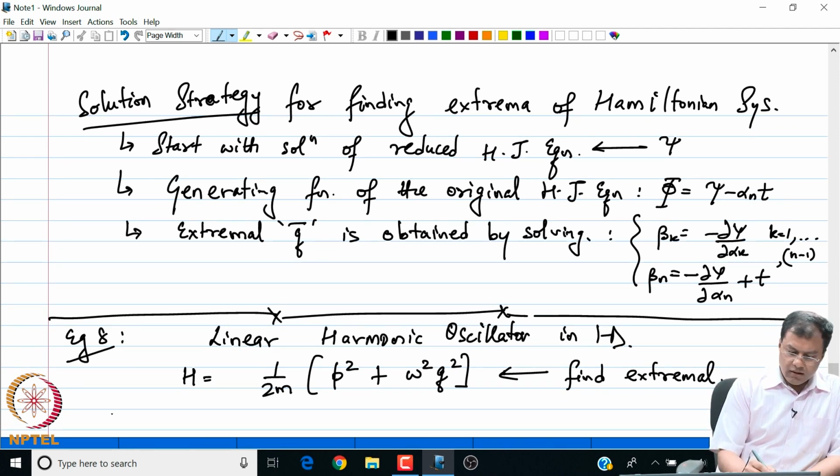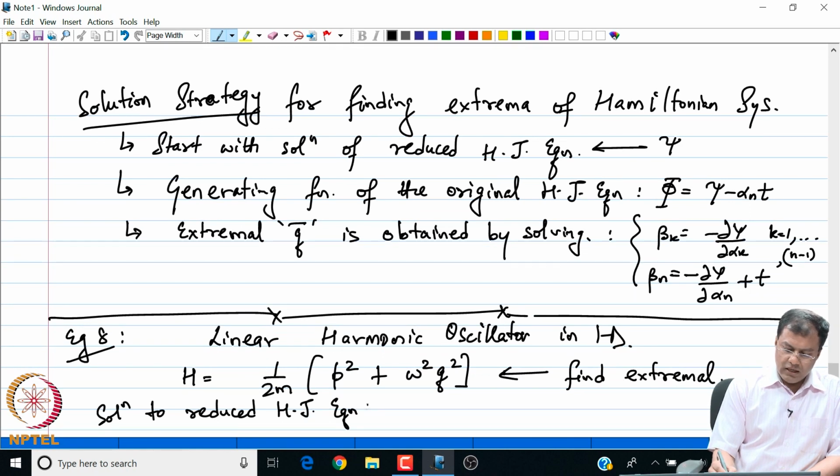So, we look at the solution to the reduced Hamilton-Jacobi equation, which is nothing but H is equal to a constant, where the variable p in H is replaced by del psi del q.